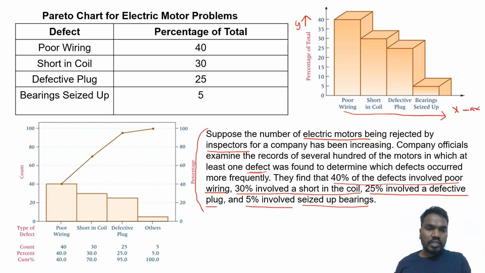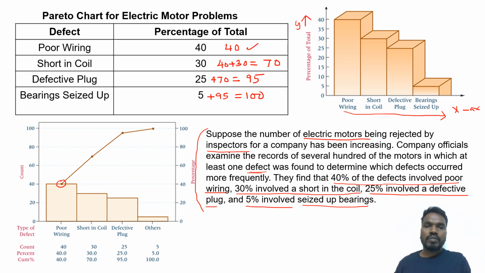As I said, the line graph is obtained by taking the cumulative. So this is 40. How will you take the cumulative? Cumulative is nothing but adding the next one. So here 40 plus 30 gives you 70, and 70 plus 25 is equal to 95, and 95 plus 5 is equal to 100, right?